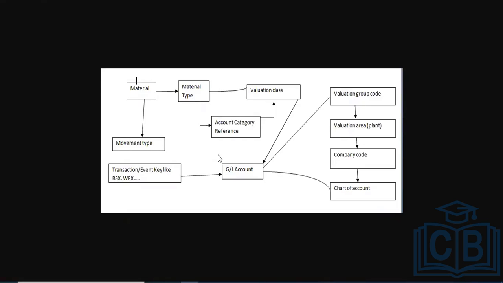But how does the system understand this in the back end? The concept of accounting determination is how the system determines the GL accounts in the back end.